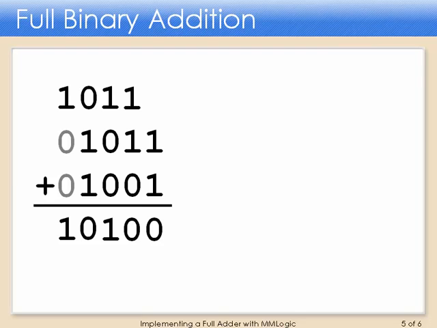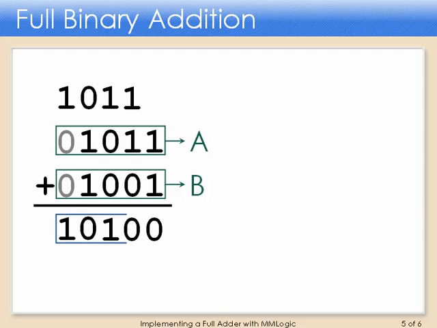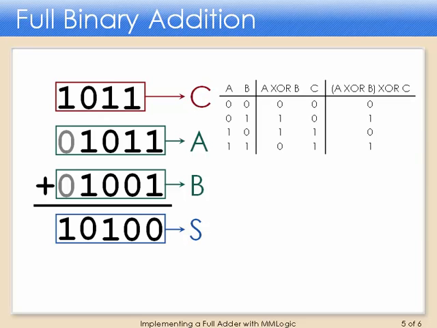Okay? And so if we take this, the first row is our A column, the second row is our B column, the third row is our S column, and now we're going to add a new column called C for carry. And so let's look at the logical operations that have to happen in order to make a machine to do full binary addition. Here's our truth table.